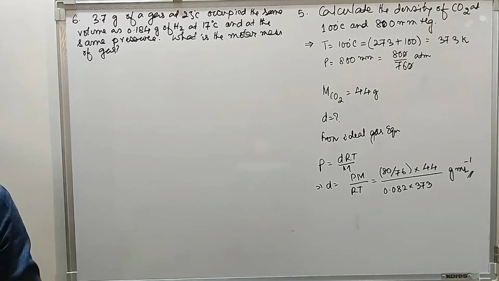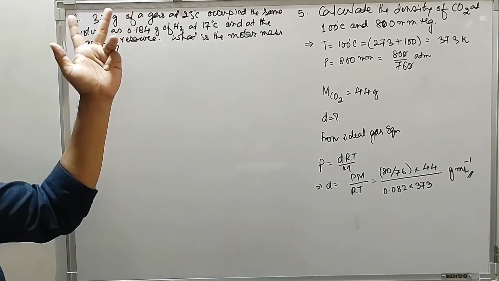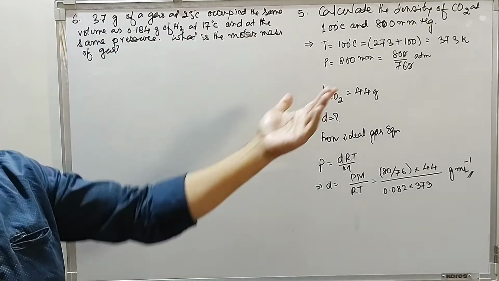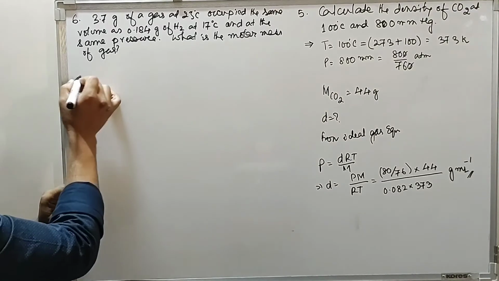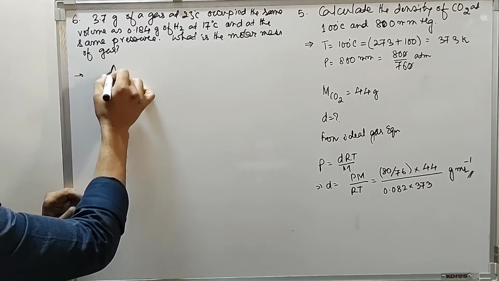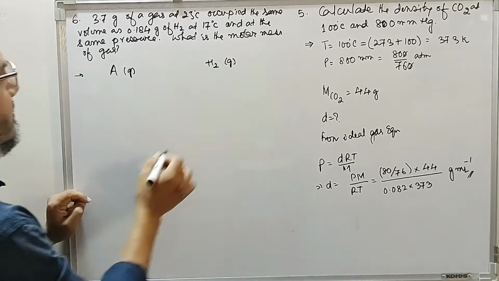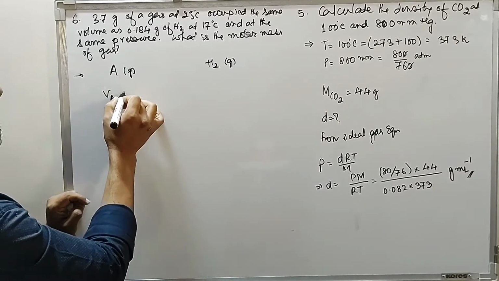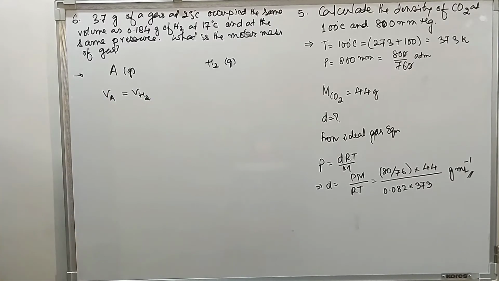Both are at different temperatures and both have different mass. So the question is, what is the molecular mass of the unknown gas? So we have A gas and this is hydrogen gas. So the volume of A gas, the question says, is equal to the volume of hydrogen gas. This is what is mentioned in the question.